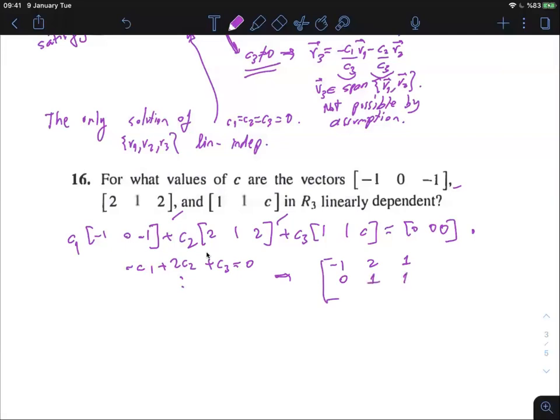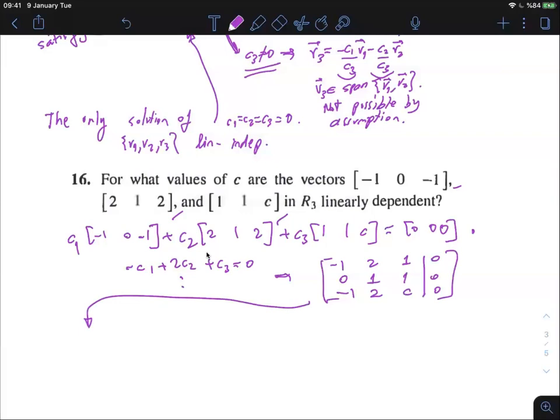And the third line will be minus 1, 2, and C. Okay, so we are looking at this equation. Now, what are we gonna do? We are gonna find the condition that this system has a non-trivial solution. So to do that, we have to bring this matrix into row echelon form.